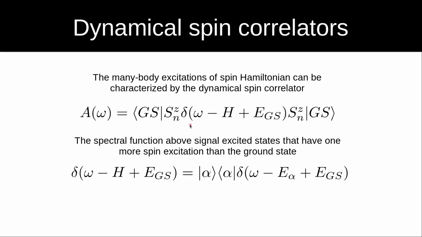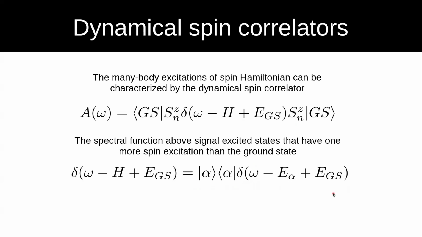So what this object tells you is the probability, or the overlap, of creating a spin excitation in site n and at frequency omega. What this actually means is that if you have an excited state at energy omega that is related to the ground state by a spin excitation, then you get a non-zero value of this. And if you don't have any excited state that fulfills that condition, then you don't.